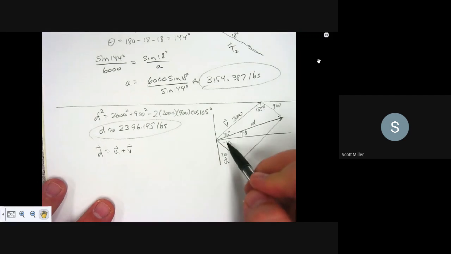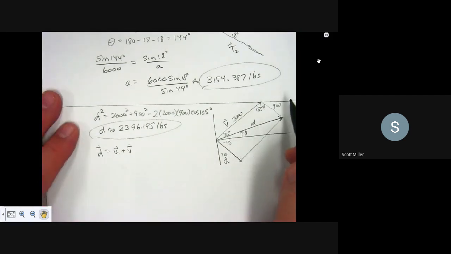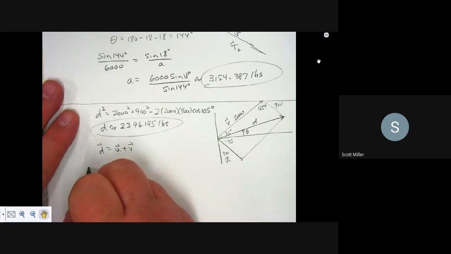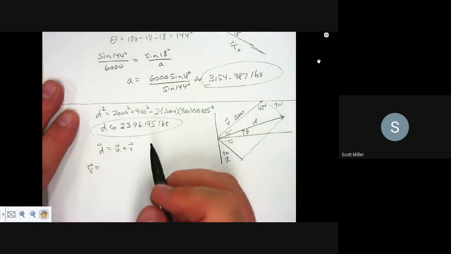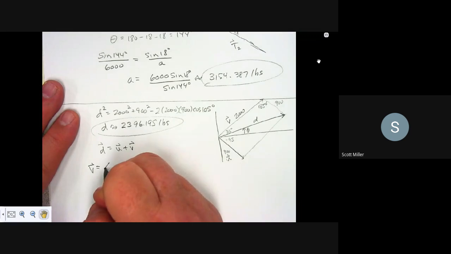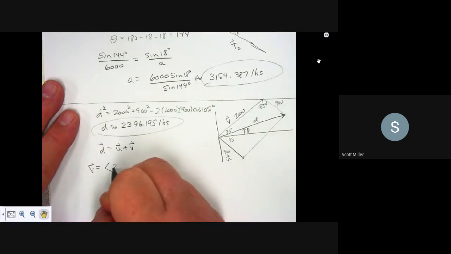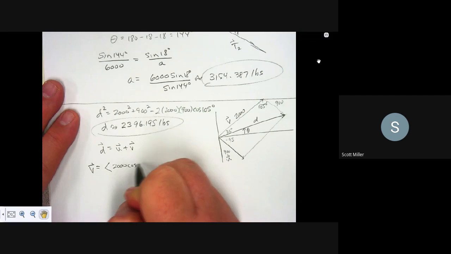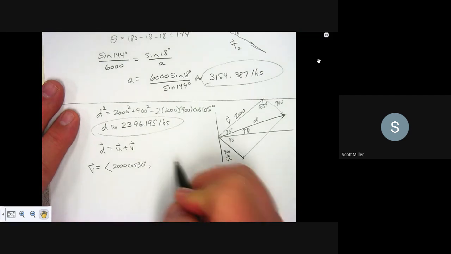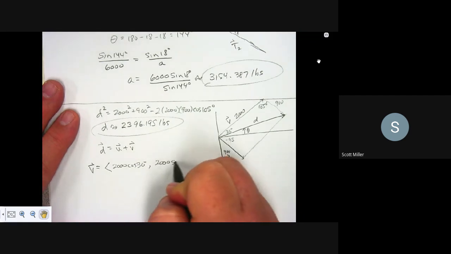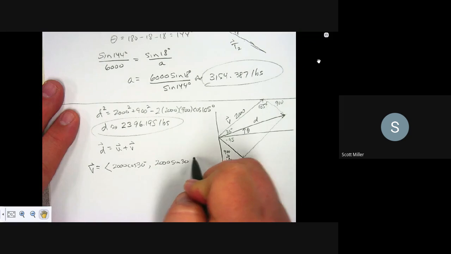I have these angles for each of these vectors, and I have the trig form of each of these vectors. So I can find vector V simply by doing the magnitude and the angle. So this is 2,000 times the cosine of 30 degrees, and this will be 2,000 times the sine of 30 degrees.